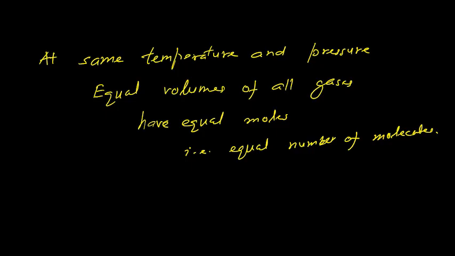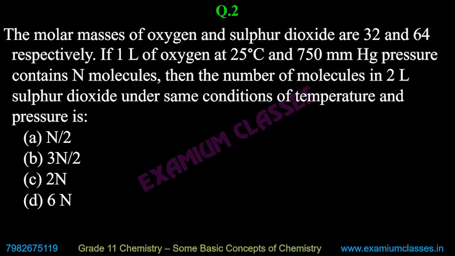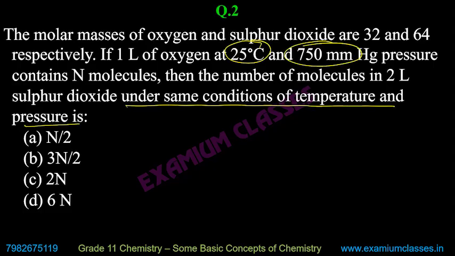So if you know this, that at same temperature and pressure, equal volumes of all gases have equal moles, that is equal number of molecules, then this question becomes very easy. It means here the temperature and pressure is constant. We are not changing it. It is written under same conditions of temperature and pressure.